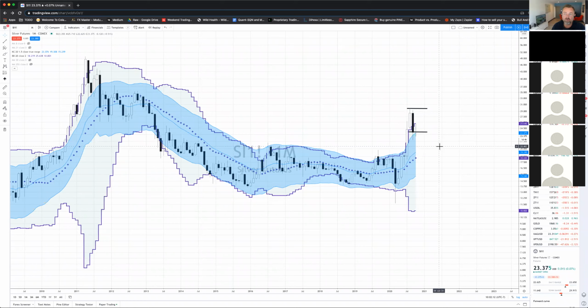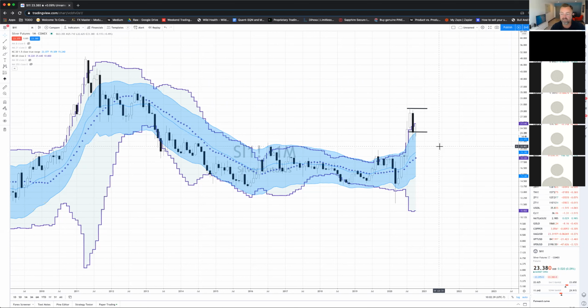What you want to do with SQN is categorize the characteristics of a certain market regime and figure out a quantitative way to categorize that by saying we're in bull quiet, bull volatile, neutral, bear quiet, or bear volatile. The way I do it is bull volatile, bull quiet, neutral, bear quiet, bear volatile. And each one of those trades differently than the others. So there's something unique about each individual market regime.